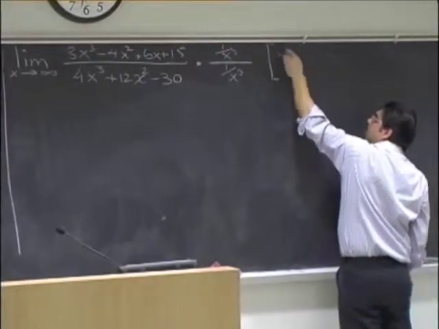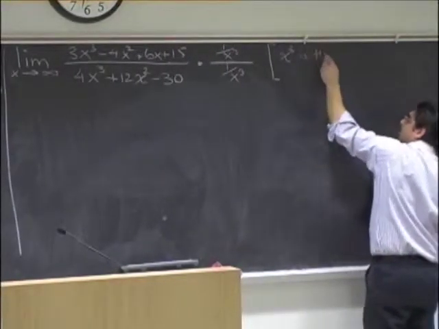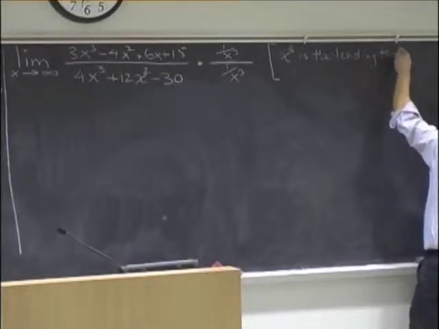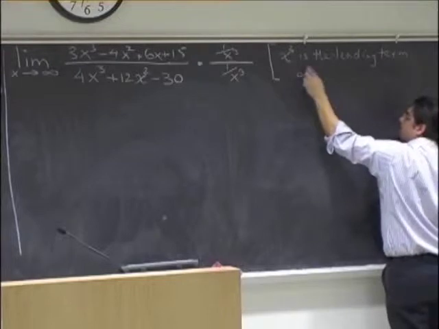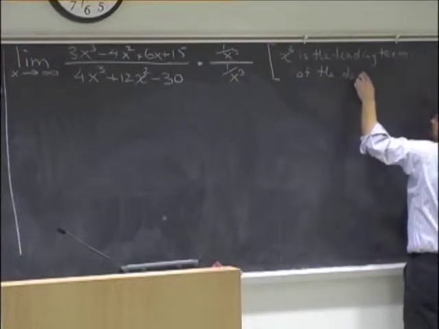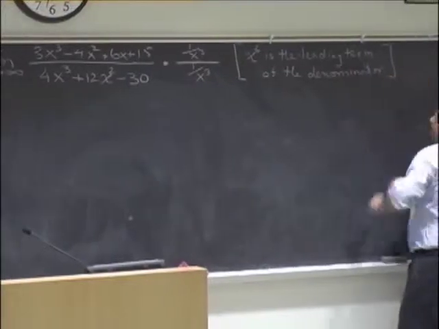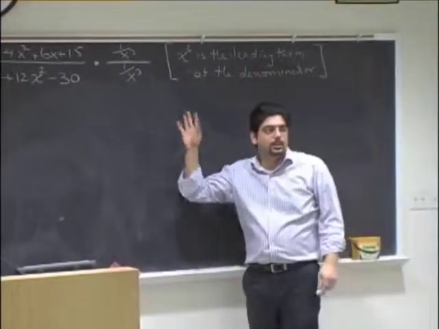And I'll write down why I'm dividing by that, or multiplying by that. x cubed is the leading term of the denominator. That's almost true, right? Leading term without the coefficient.